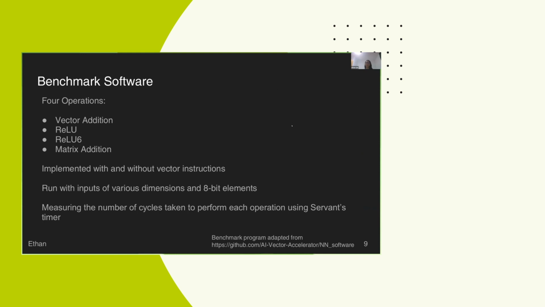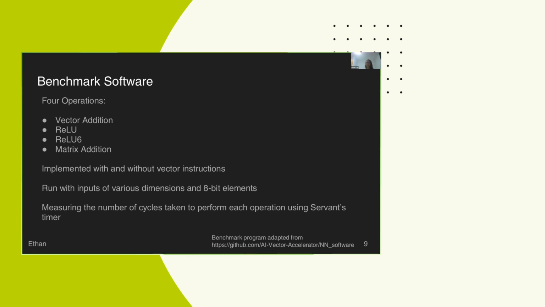Hello, I'm Ethan. I'm here to talk about the benchmark software. Using our VPU, we implemented 4 operations: the vector add, ReLU 6, and matrix add. To benchmark these operations, we created a simple piece of software. It measured the number of clock cycles to perform each of them with and without the VPU.